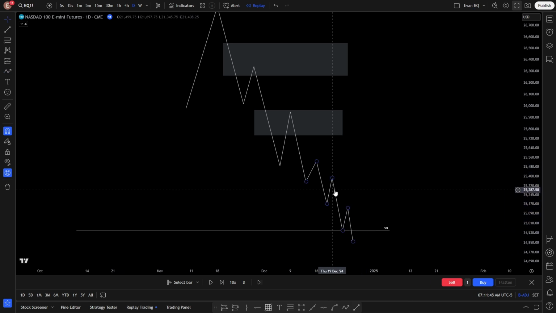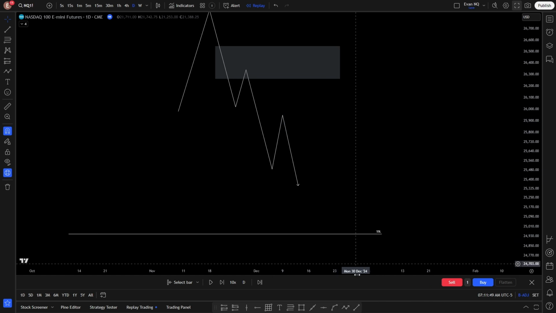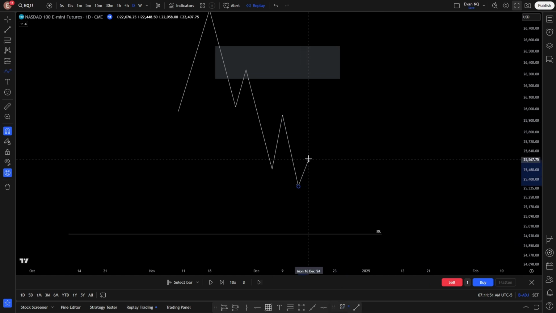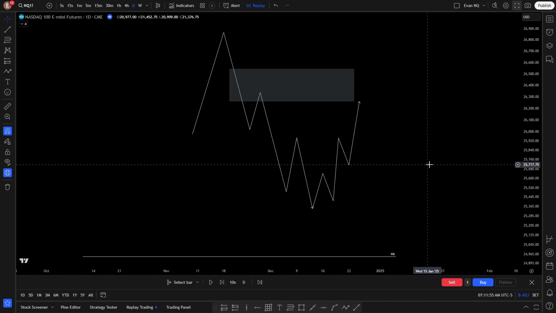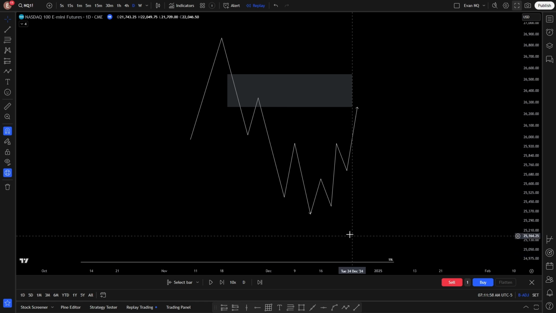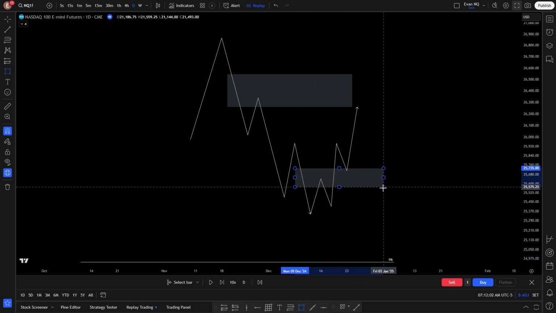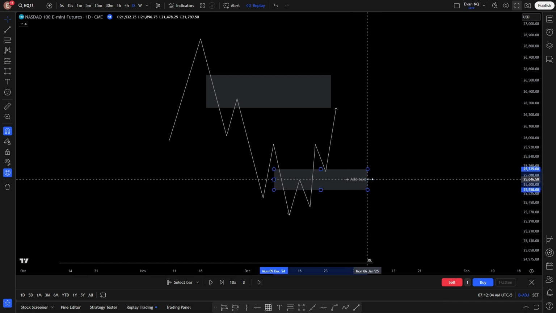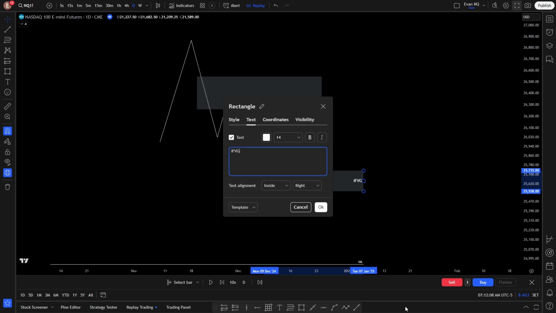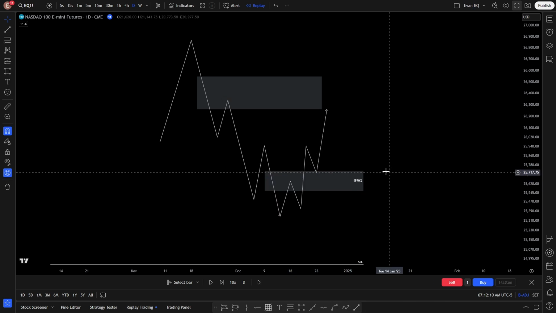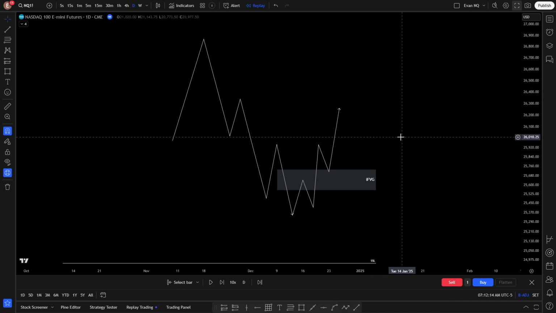But what if we see this? Different story, huh? Right? And there's a fair value gap right here. And all of a sudden, this turns into an IFVG. Now, the draw on liquidity looks a lot different.